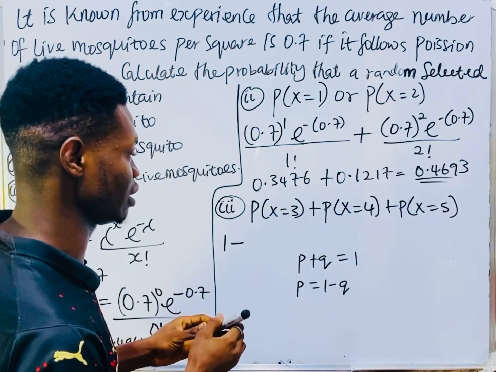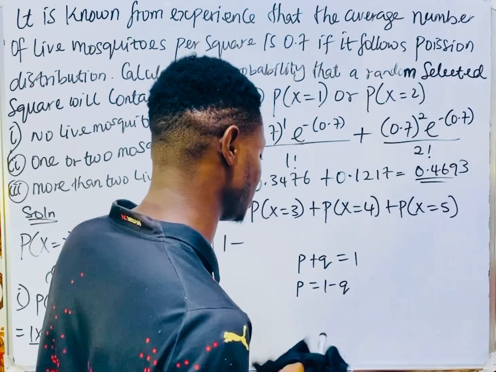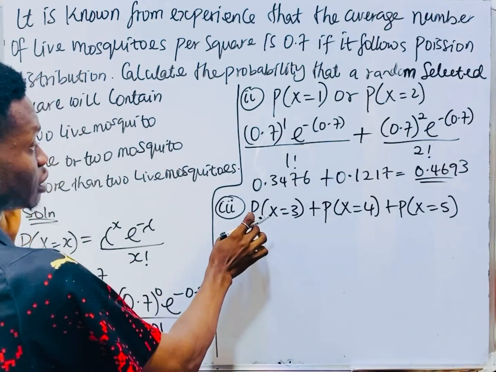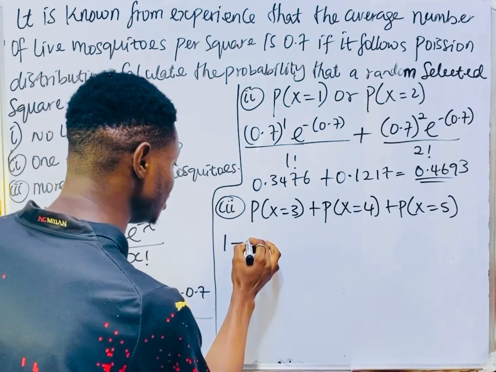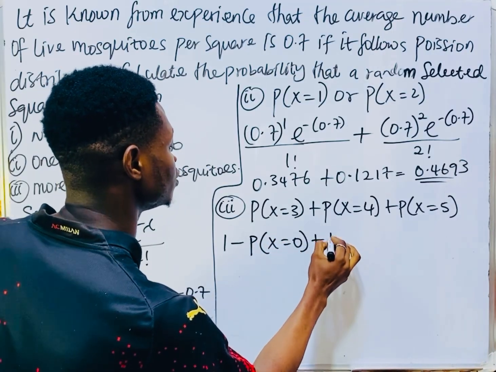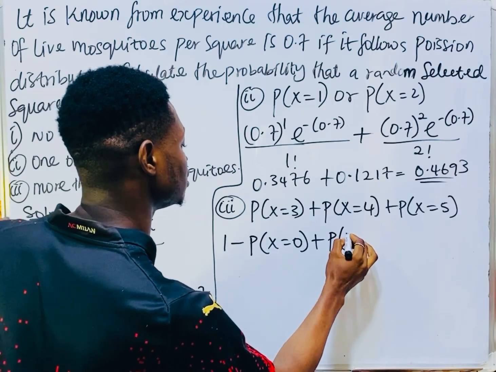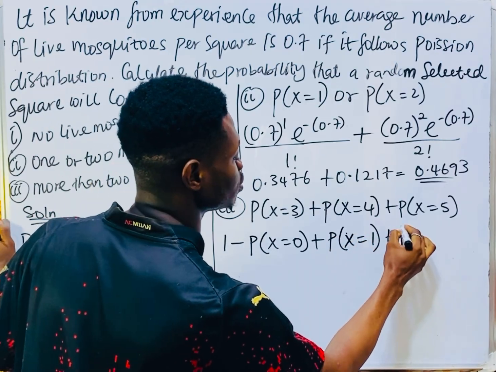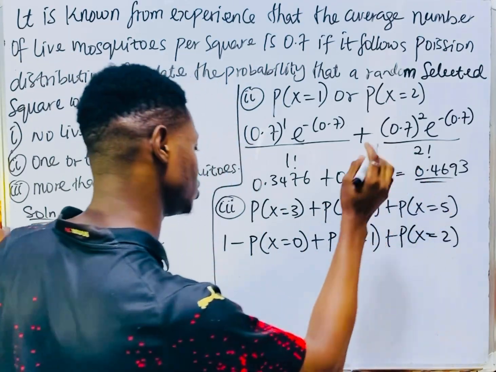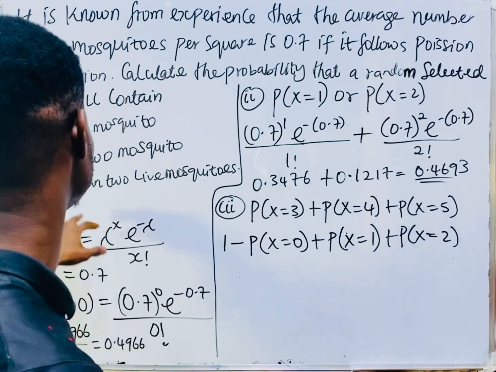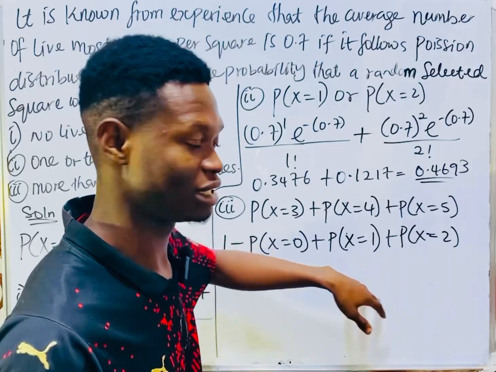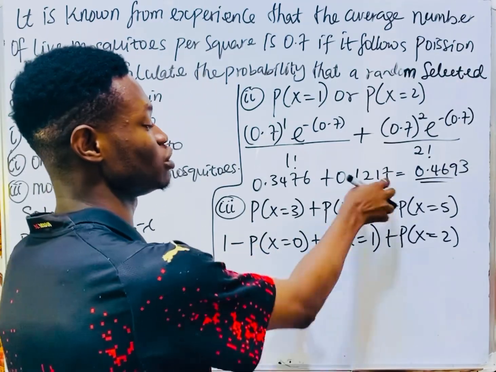Now x is equals to 3, and because we don't know where it ends, we're going to have 1 minus the probability of x is equals to 0 plus x is equals to 1 plus x is equals to 2. We are going to stop at 2 because they told us more than 2 live mosquitoes. So these are the ones that we don't need, right? So we are going to use 1 minus the ones we don't need to get the one we need.